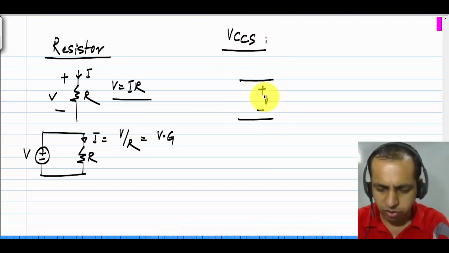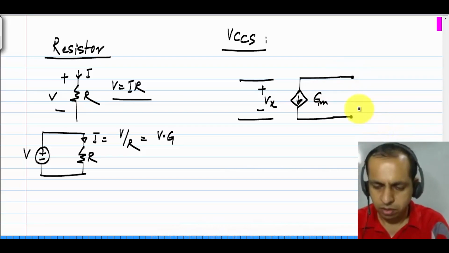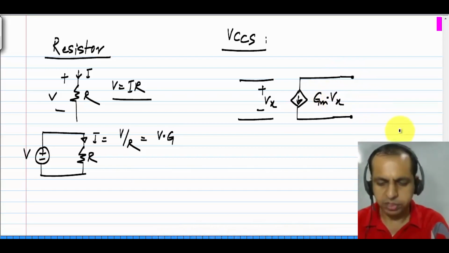There is a certain voltage Vx, and let me define this to be Gm times Vx.